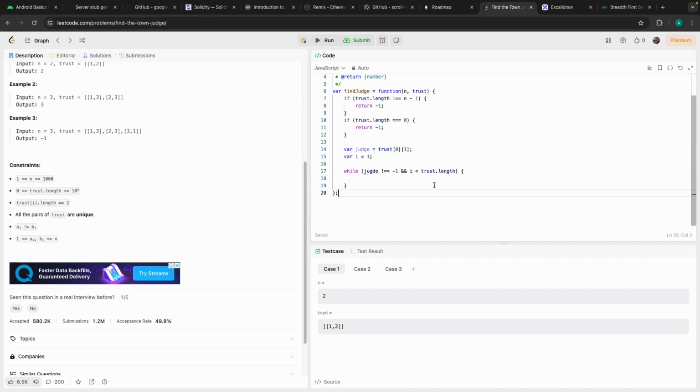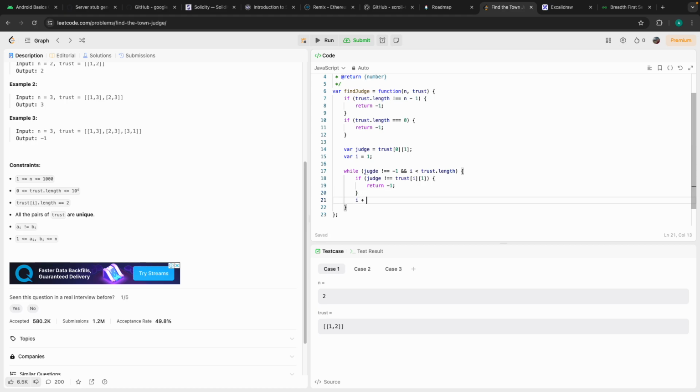Yes, let's try the simple way. If judge does not equal trust i 1, return minus 1, else do nothing.